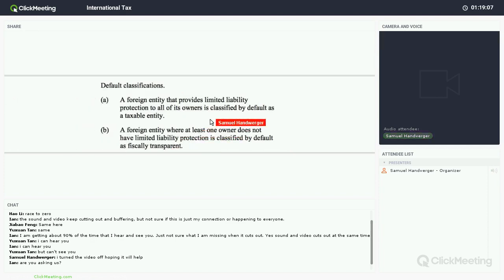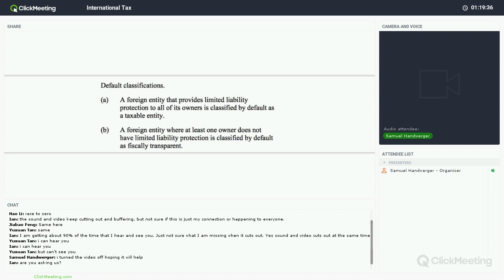You got the message. So that leads to the next part of the decision tree: if it is a foreign corporation, when do we classify it? When does the U.S. tax law treat it as a foreign corporation? So the U.S. tax law defines it as an entity that provides limited legal liability protection to all of its owners, and that's going to be considered a taxable entity, thus a foreign corporation.